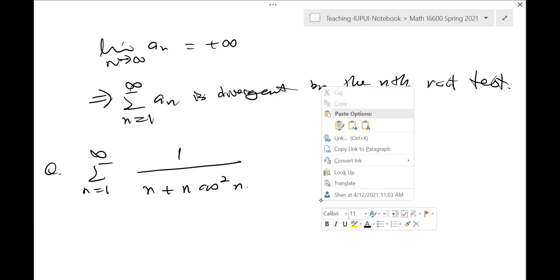We'll figure out how to do this problem.